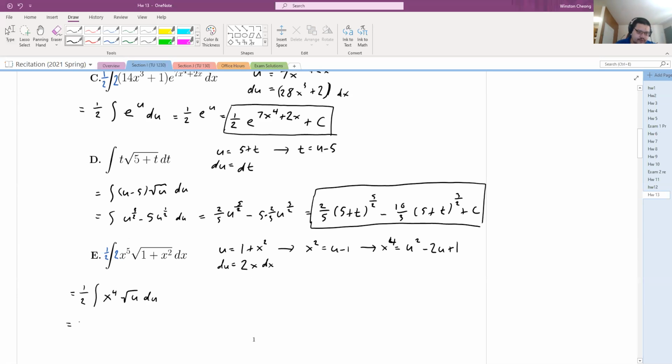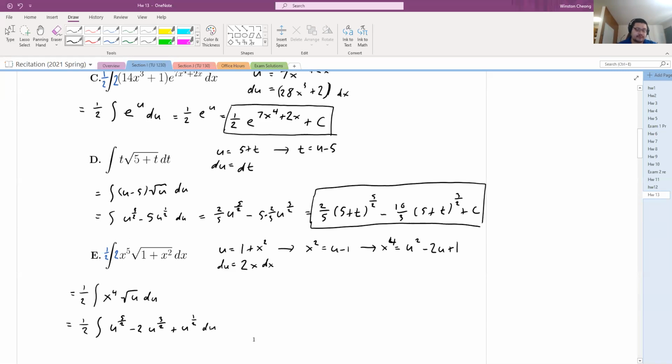Okay, here we already knew that, and what I'm going to want to do is to multiply this polynomial by u to the 1/2 before we integrate it. So that's going to become u to the 5/2 minus 2u to the 3/2 plus u to the 1/2.